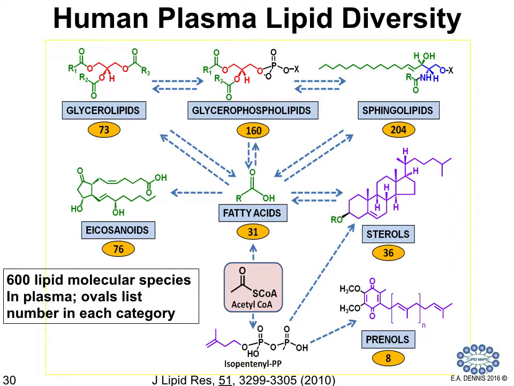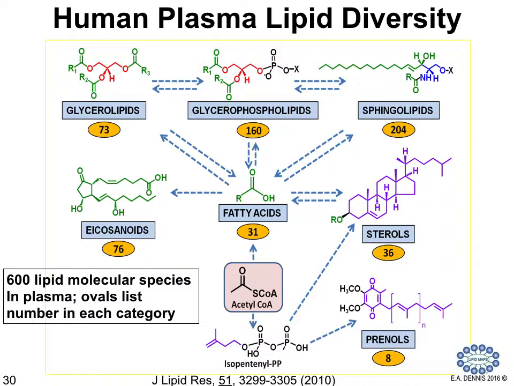There is an enormous diversity of lipid molecular species in human plasma. Shown here is the notion that acetyl-CoA is converted to fatty acids for storage, and the free fatty acids are esterified in complex lipids like glycerolipids, glycerophospholipids, and sphingolipids.